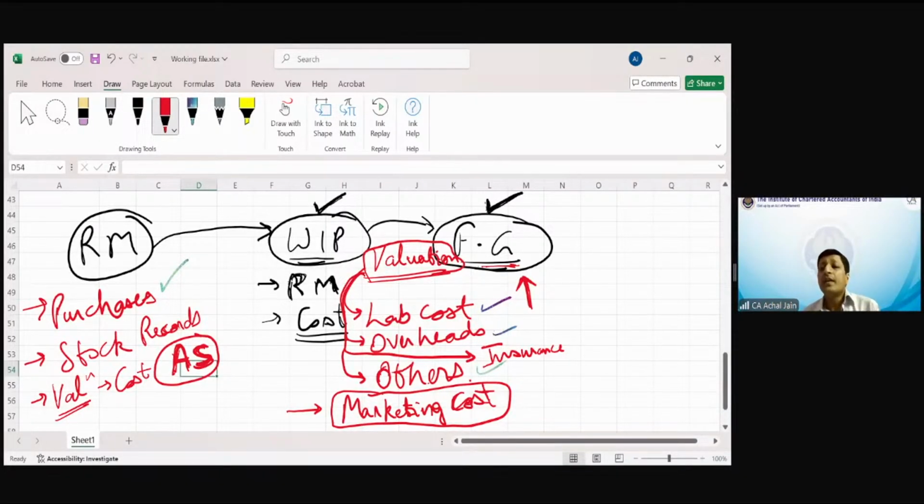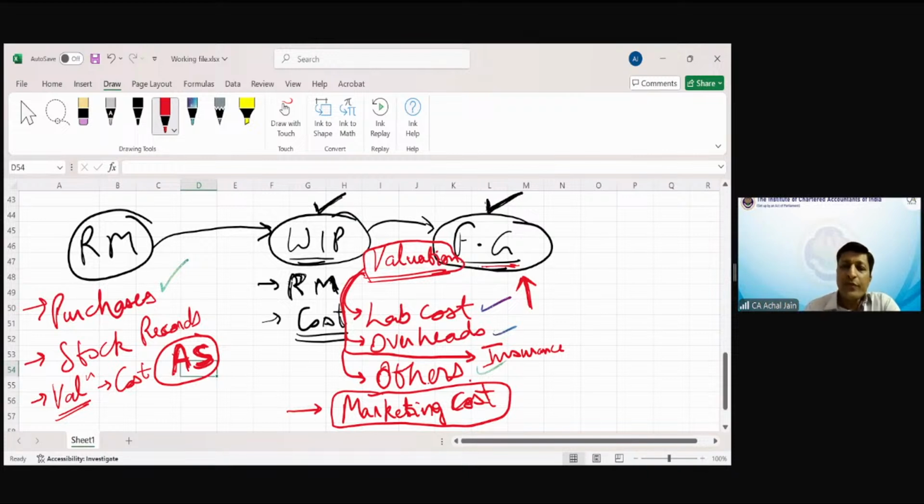Frame says in AS 2, WIP is valued at selling price of FG, less further processing cost. Okay, that's good, but you are just talking about the literature right now. My question is that currently you are looking at the valuation.